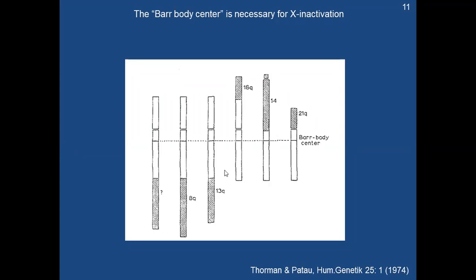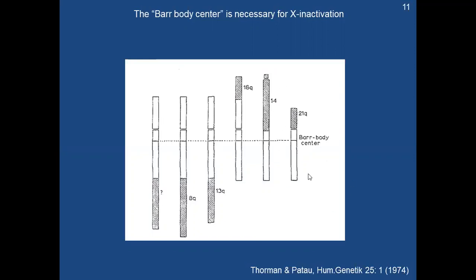What they are showing here is that these are all X chromosomes that still will be inactivated even in the presence of translocated chromosomes. For example, this X chromosome has lost its P arm completely, and it is replaced by sequences from chromosome 22Q, yet we still see inactivation here.